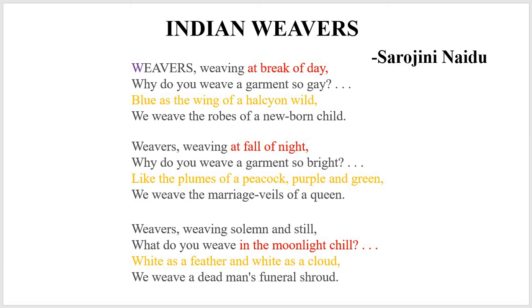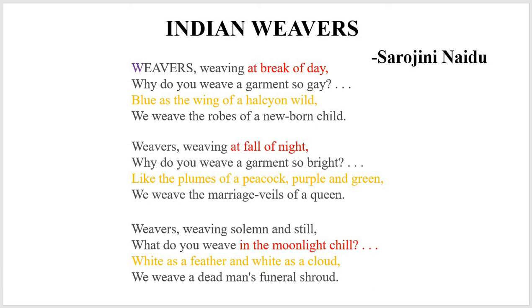So in the last stanza, in the moonlight night, the weavers' attitudes change. They become really serious and calm. The garment is white in color, like the feather of a bird and a cloud.